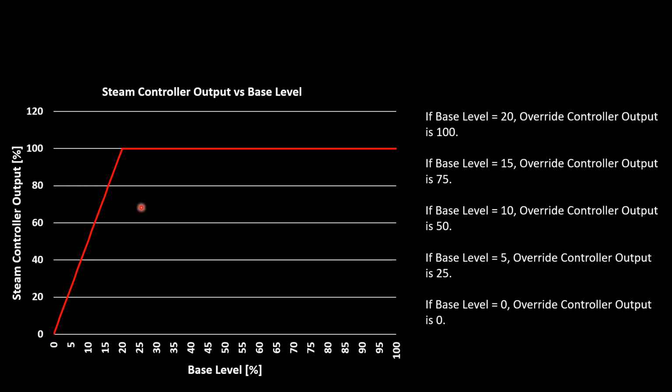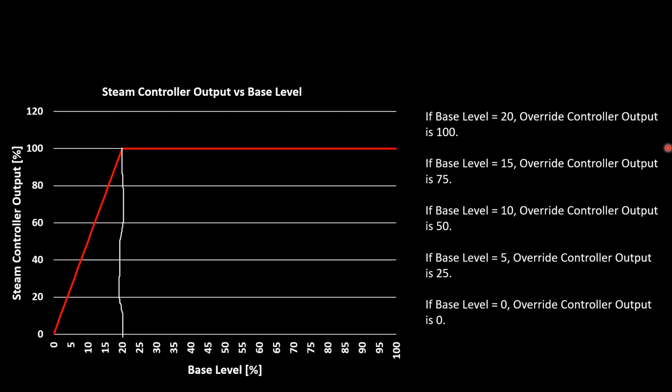When base level is above 20, we can see the controller output that's being sent to this low select block is at 100. Not until our base level gets below 20 can this function override our steam controller output.